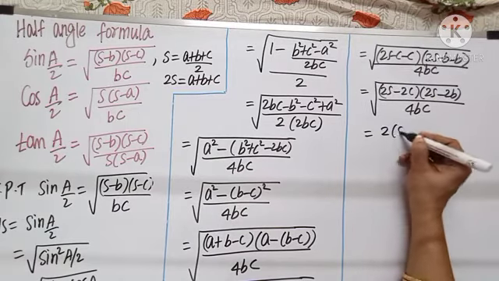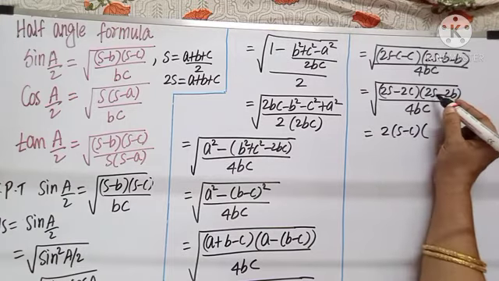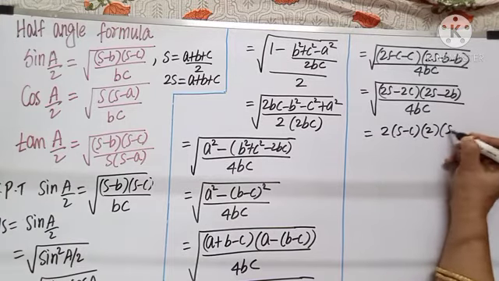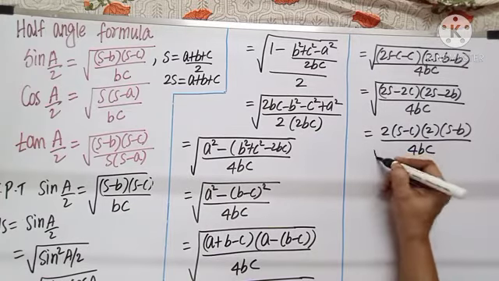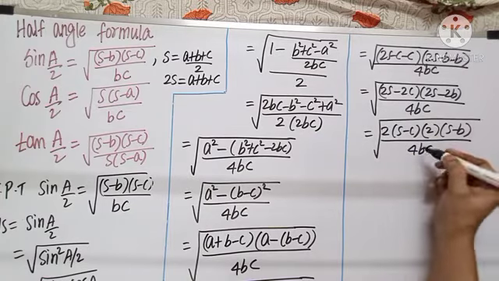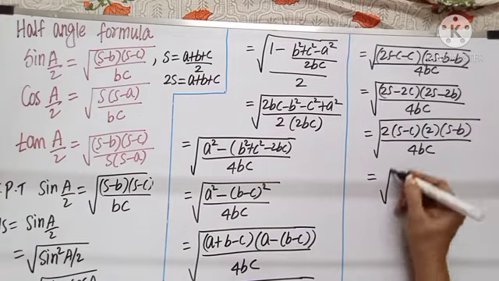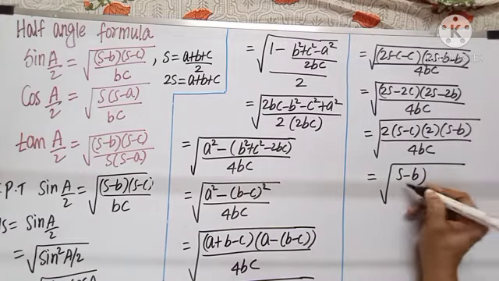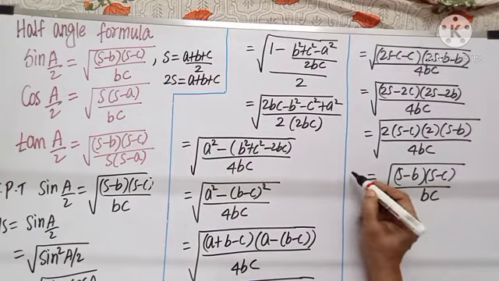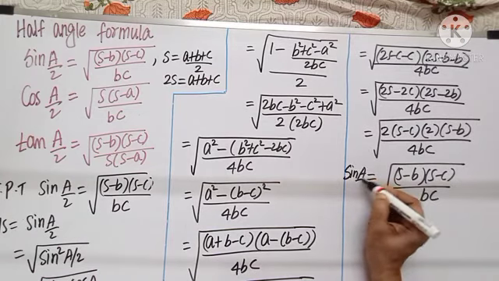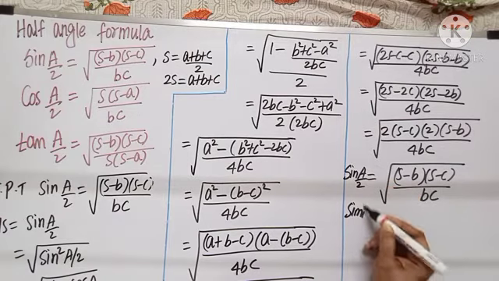Taking 2 common, S minus C. Again taking 2 common, it is S minus B divided by 4BC. 2 2's are 4 getting cancelled, leaving us root of S minus B into S minus C by BC, and this is the formula for sine A by 2.